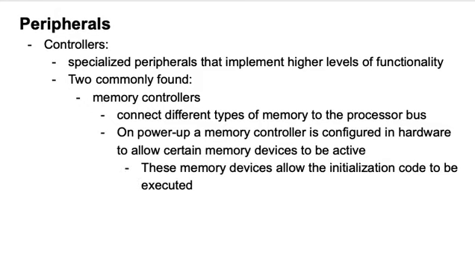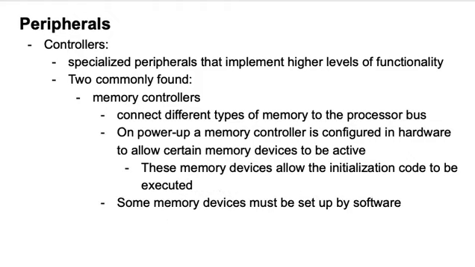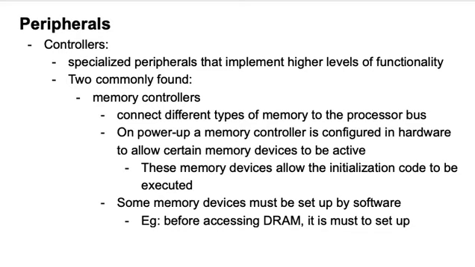On powering up a controller, the memory controller is configured in hardware and it allows memory devices to be active. For example, the initialization code can be executed from the memory. Some memory devices have to be set up by the software as we saw in the dynamic RAM.